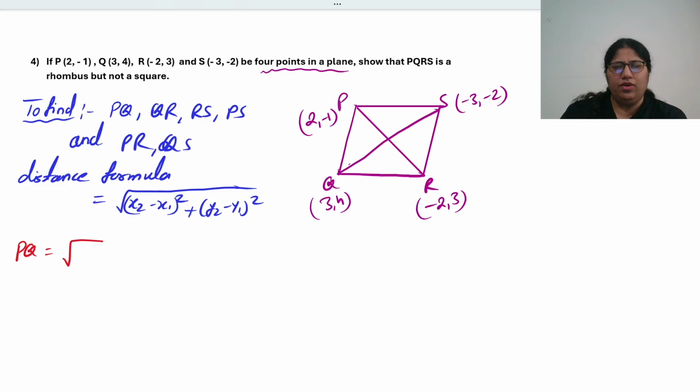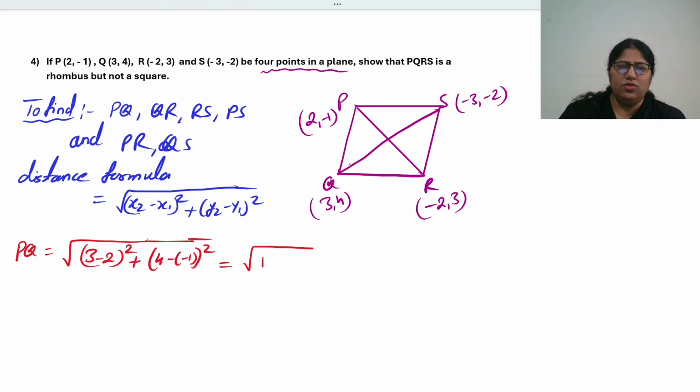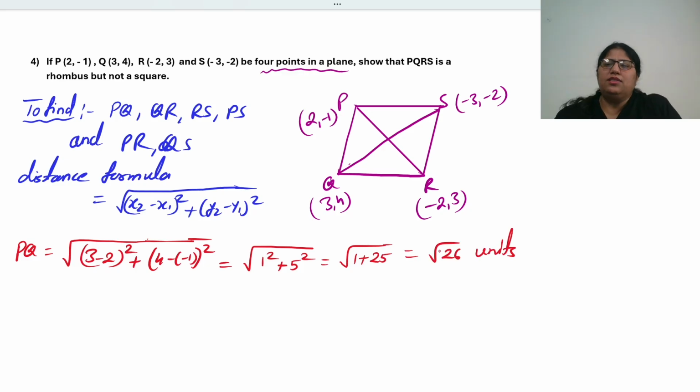Observe the coordinates of P and Q. I can write 3 minus 2 whole square plus 4 minus (-1) whole square. So 3 minus 2 is 1 squared, plus 4 plus 1 is 5 squared. 1 plus 25 is going to be root 26 units, right? 26 is 2 into 13, so this is the simplest form. You can't do any further simplification.